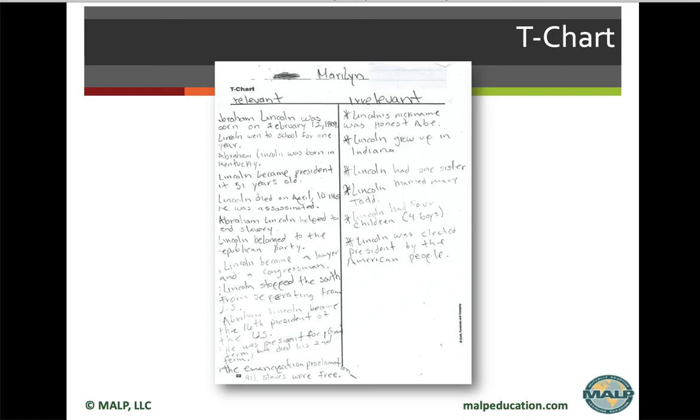Remember when I mentioned in the KWL, the students were asking personal questions they wanted to know about Lincoln? So what Carol is trying to do is help them distinguish, for a great leader, what are the professional facts and what are the personal facts.